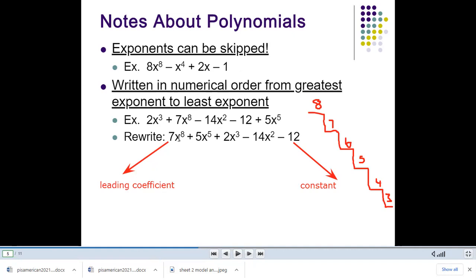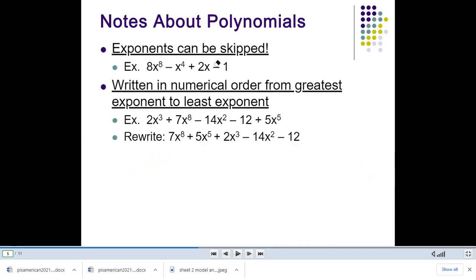It is the first coefficient when you rearrange the expression from greatest to least, or the coefficient before the greatest exponent. Okay, understood this part? Do you know the difference between the leading coefficient and the constant? You can find them now.